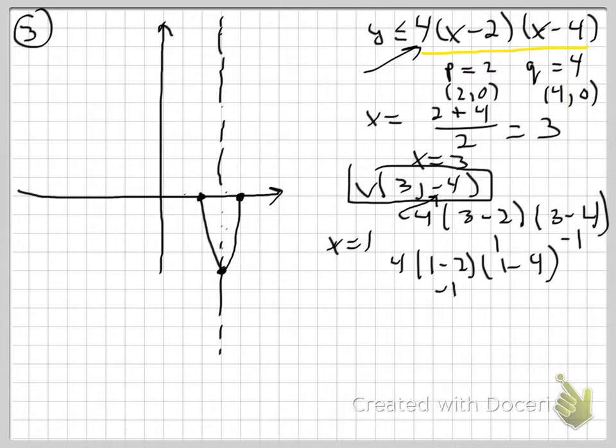I get -1 and -3, and I get a 4 there, and that's -12. Sorry, +12. So I've got to graph (1, 12).